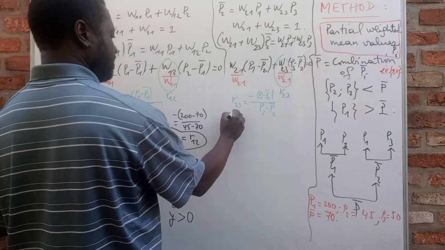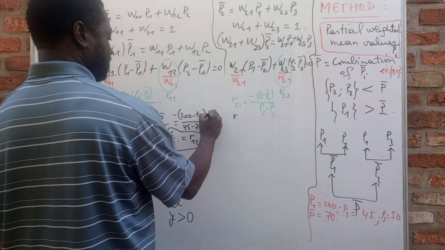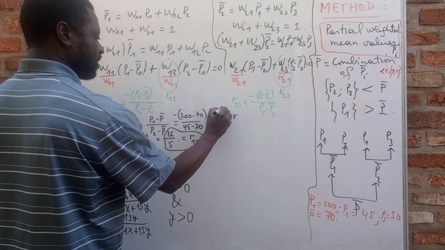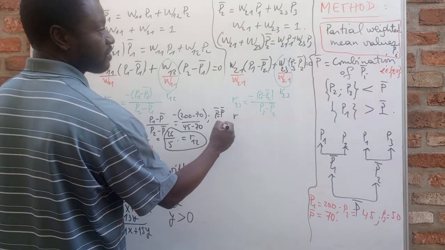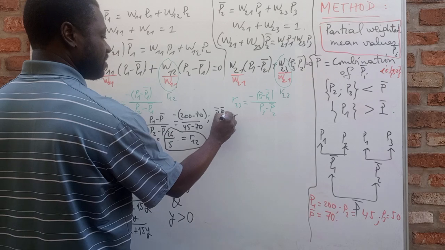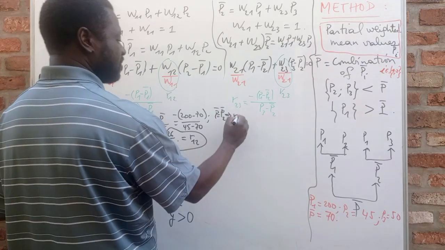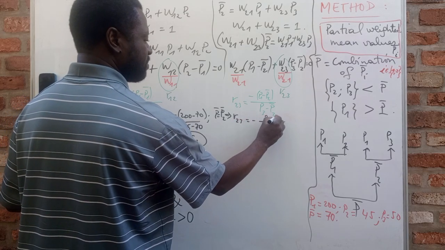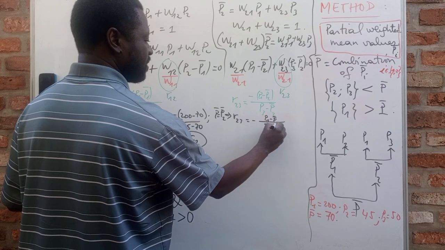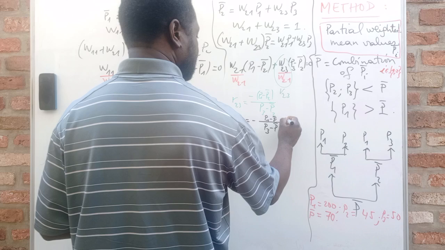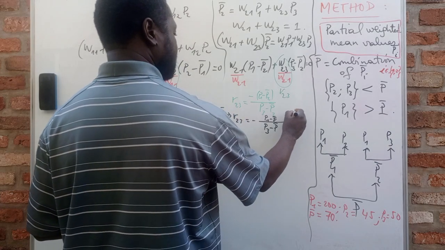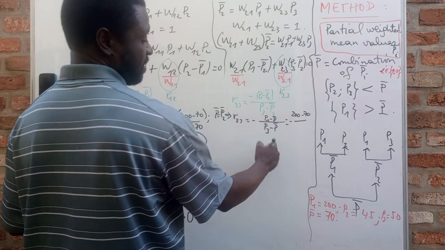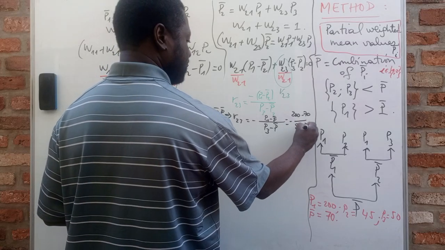Now, for this second ratio, under the same condition but with the second partial weighted mean value, this brings us to the value of the second ratio. It is going to be P1 minus P bar over P3 minus P bar, which is actually 200 minus 70 over P3, which is 50, minus 70.